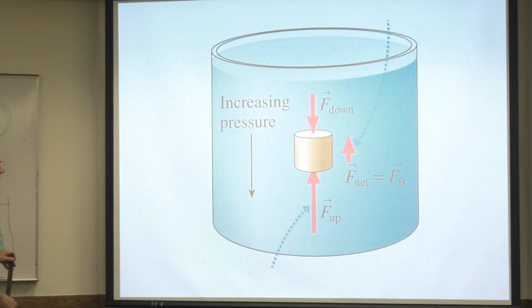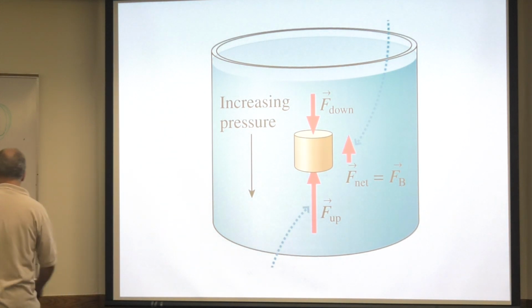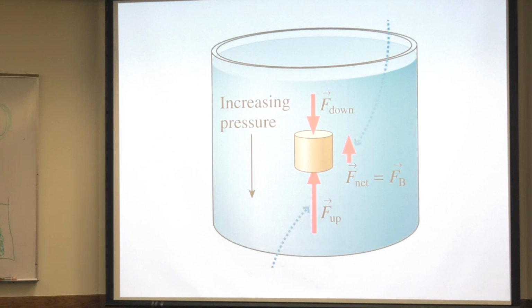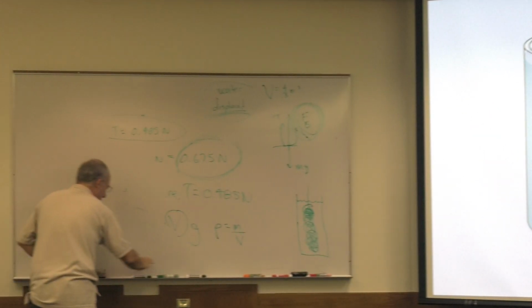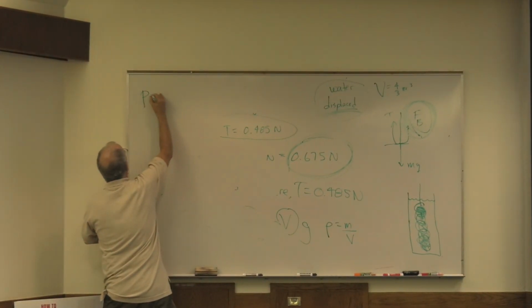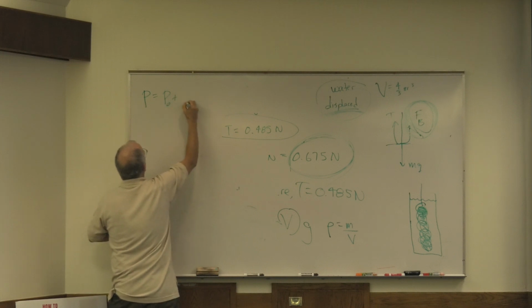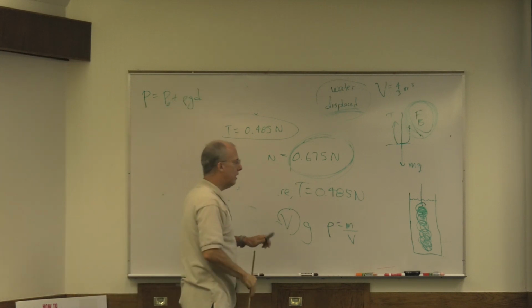Now why does this thing even exist? Why is there a buoyant force? Well, remember what we learned, I think the very first day that we started working on this chapter. We learned that the pressure depends on depth only. So pressure equals the pressure on top plus rho g d, right? The pressure was dependent on the depth.